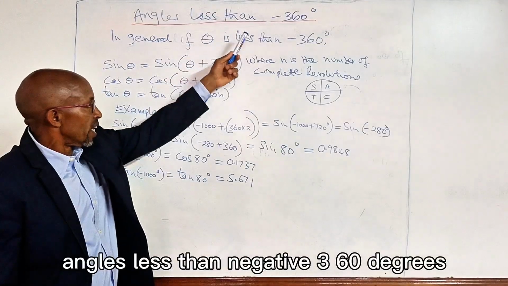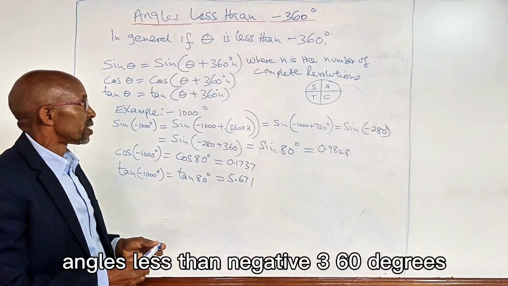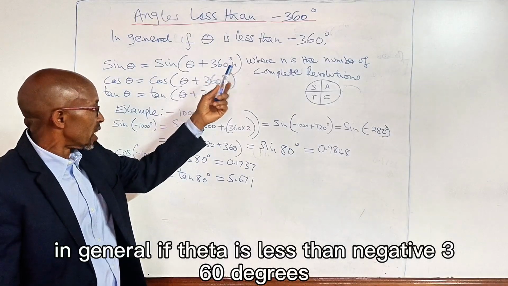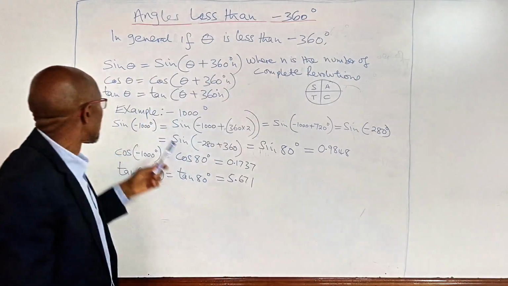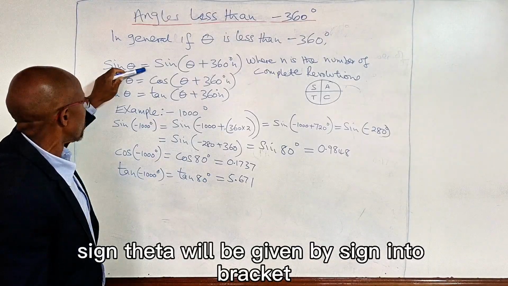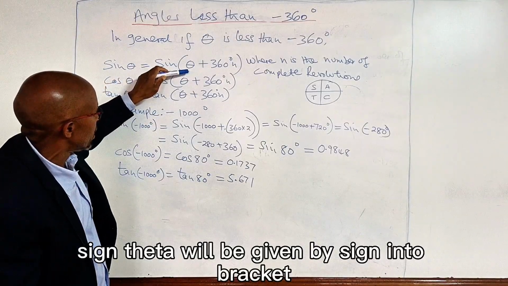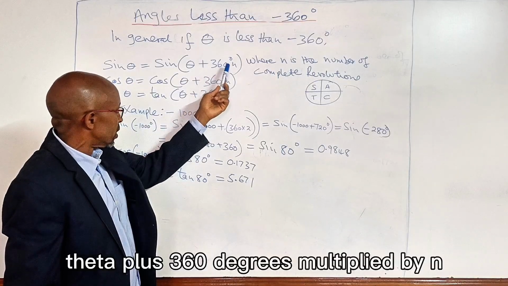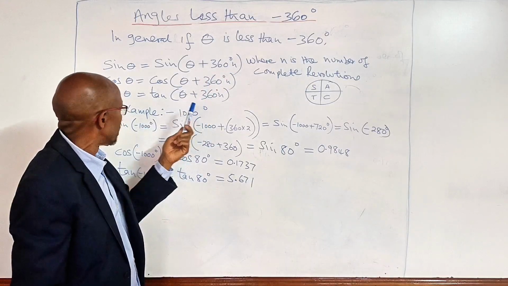Angles less than negative 360 degrees. In general, if theta is less than negative 360 degrees, we get the trigonometric ratios as follows. Sine theta will be given by sine into bracket theta plus 360 degrees multiplied by n.